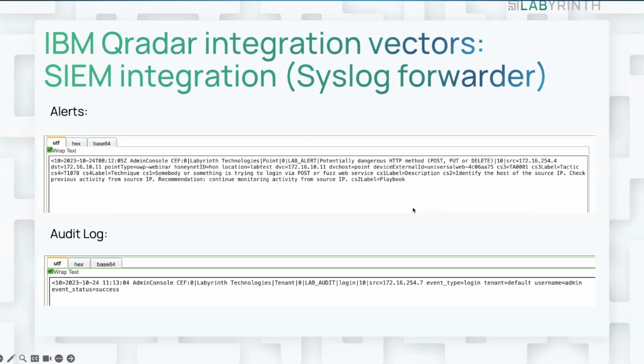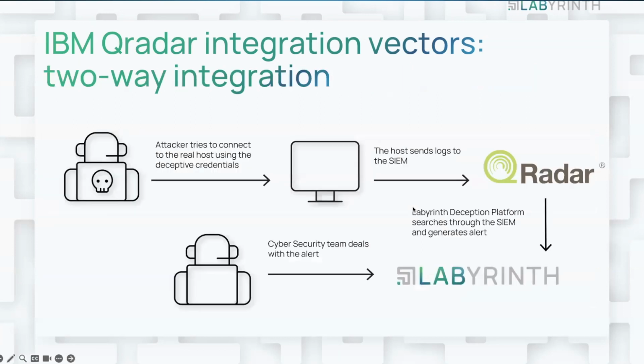Let's proceed. In addition to that, we can also enable two-way integration. So what does it actually mean? If you're familiar with Labyrinth, you may know that there is a seed agent functionality.